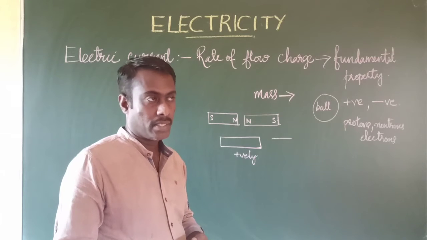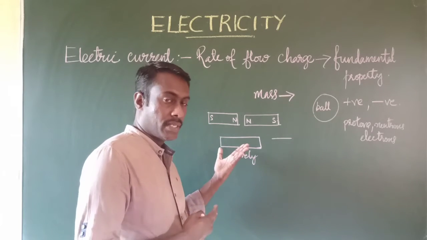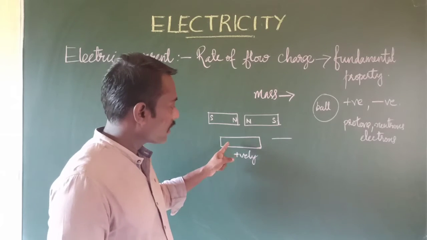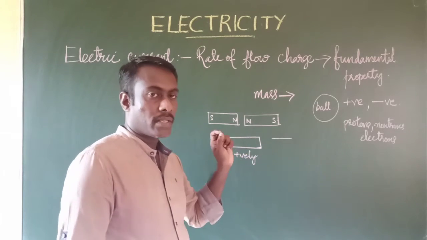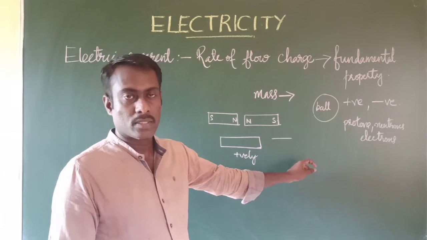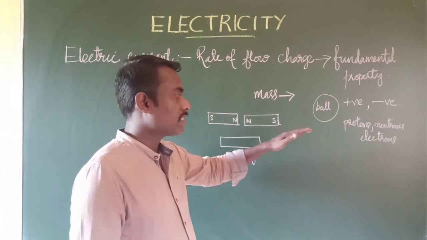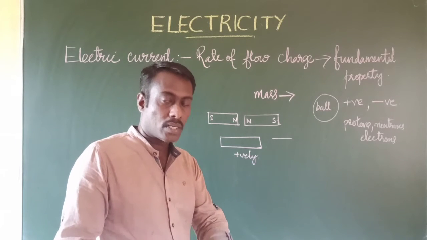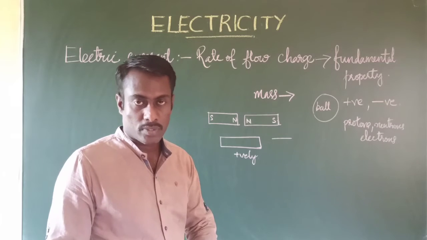Then how can an object or material be negatively charged? Same as we explained in this case, the number of electrons is more in that particular object or material, so it is negatively charged. It doesn't mean that the object does not possess protons.